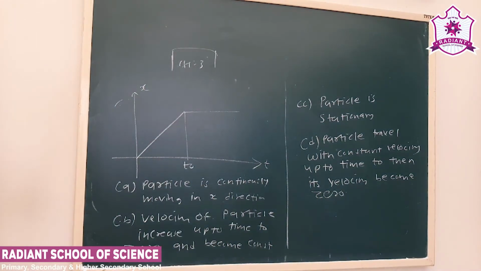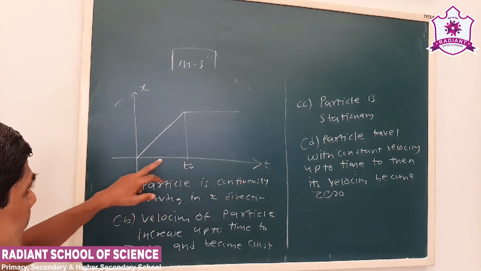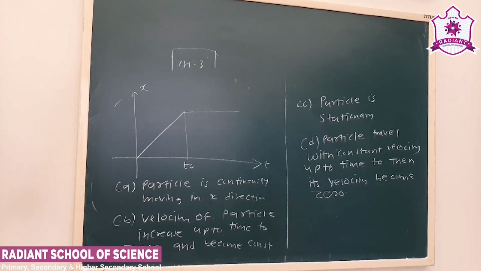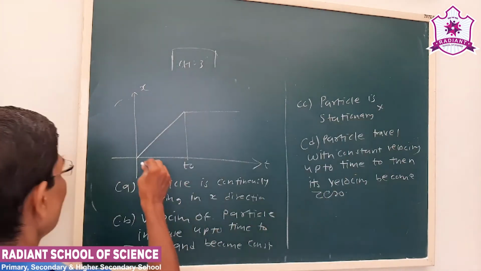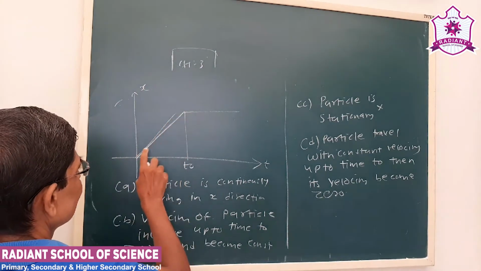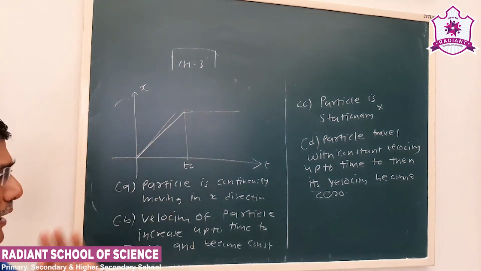This is the x versus t relation given here. Now what are the possible answers? The particle is stationary: that is wrong, because with increasing time x also increases, so this is cancelled.